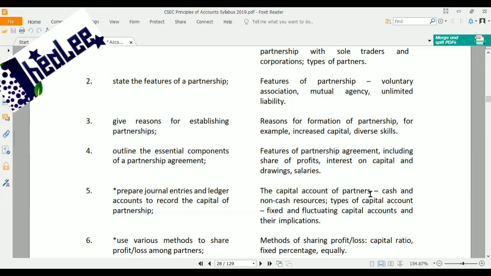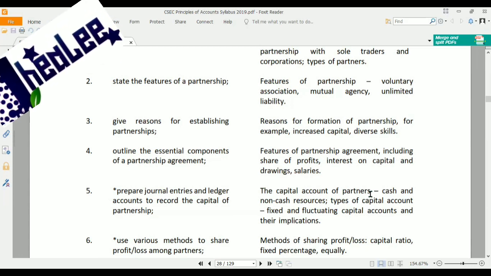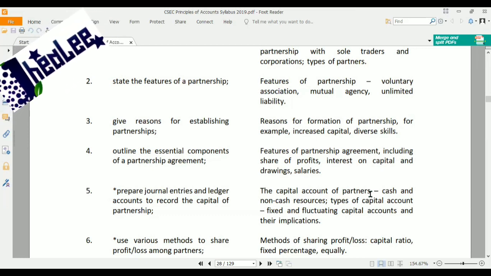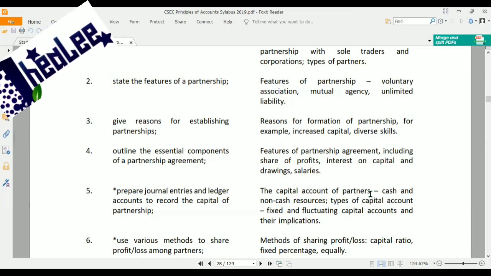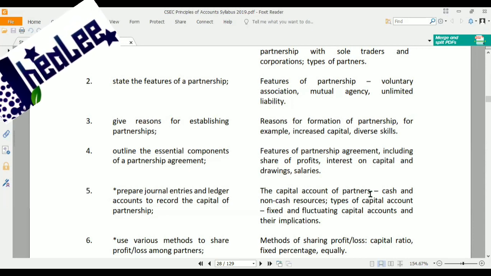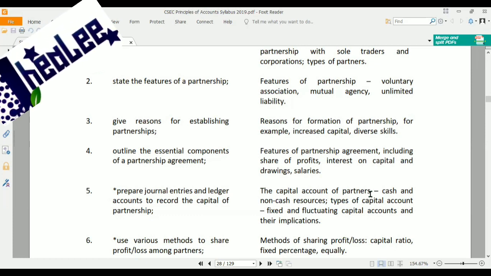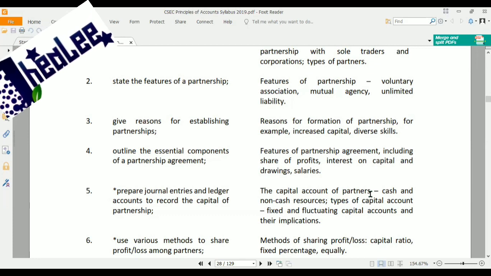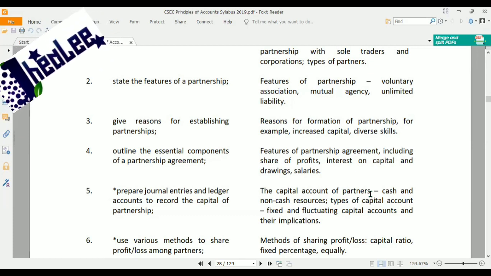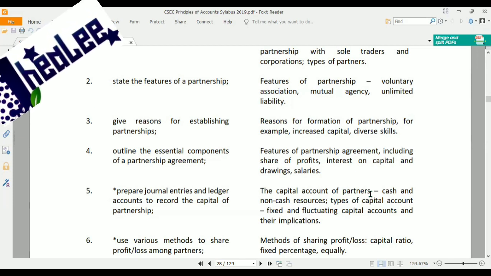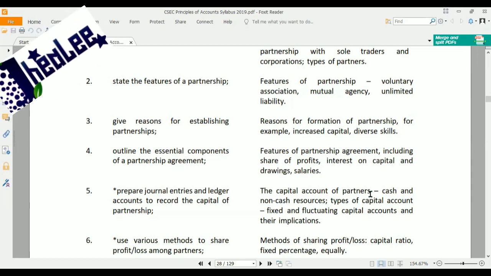You're looking at the amount of drawings that each partner can take from the business. And of course, once there are drawings, they might want to put a penalty on that to decrease the amount of money or any other assets taken from the business for personal use. That penalty is the interest on drawings, and there's a rate for calculating that based on the agreement. There's a formula for that as well. You can go to the lesson and get in-depth knowledge on that.